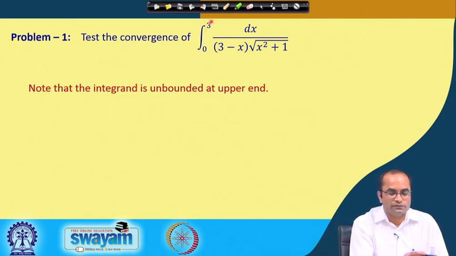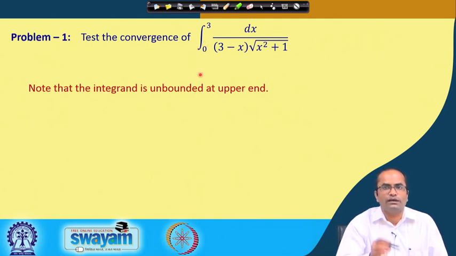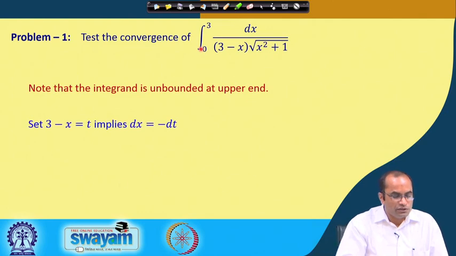Similarly we can deal with an integral that becomes unbounded at the upper bound, but the other way is to convert it by a suitable substitution so that our integrand becomes unbounded at the lower boundary of the integral. So, we substitute 3 minus x equal to t.